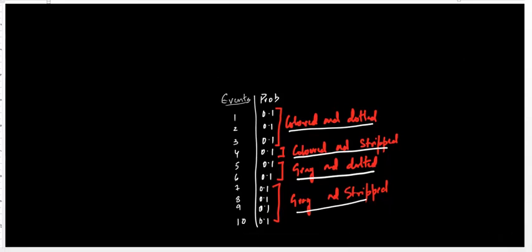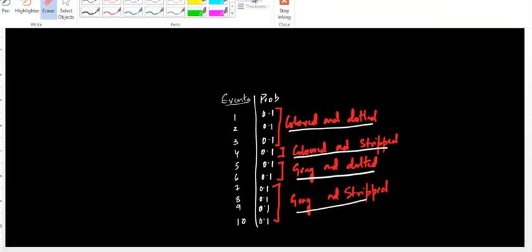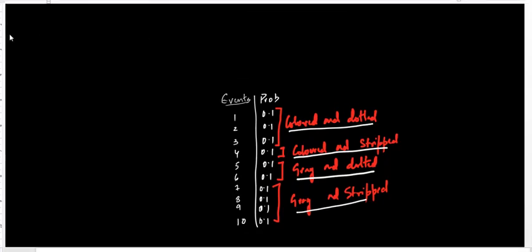Now let me move on to the last one, that is the marginal probability under the condition of statistical dependence.